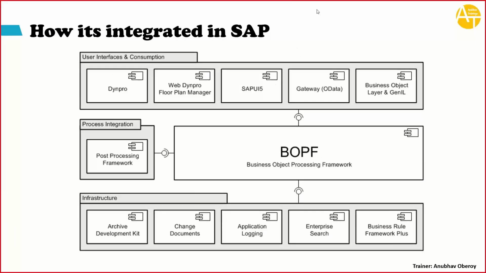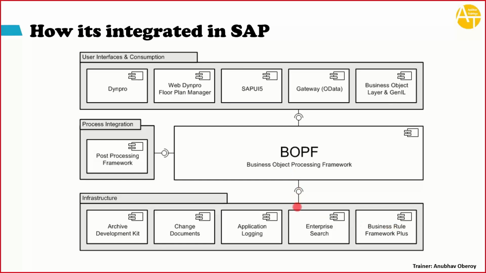So how is it integrated in the overall landscape of the entire SAP system? You can see at the bottom of BOPF, you have the SAP infrastructure, which enables archiving, change management, application logging, enterprise search, and BRF Plus. BRF Plus is another framework, business rules framework. These are different frameworks and infrastructure.